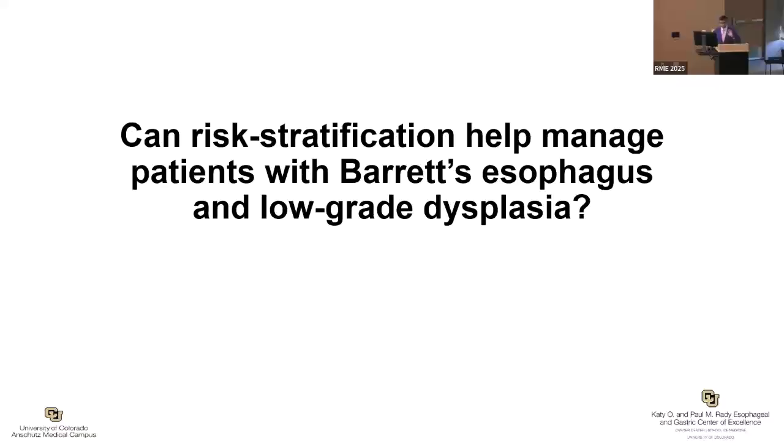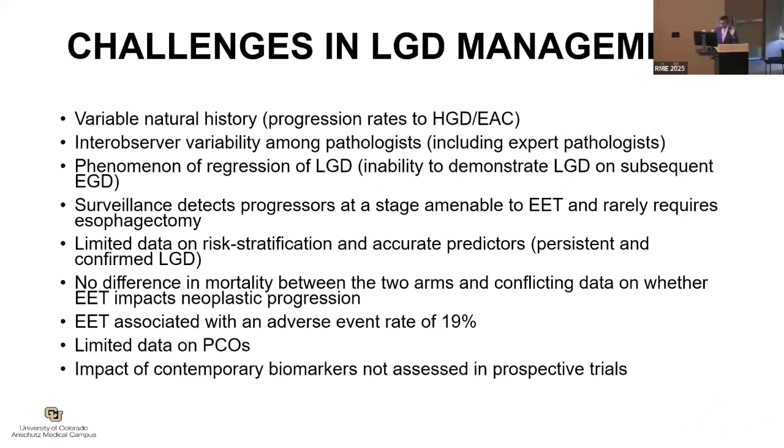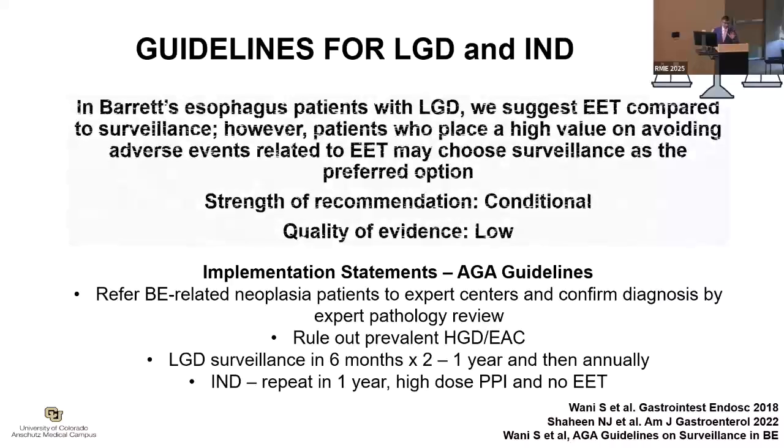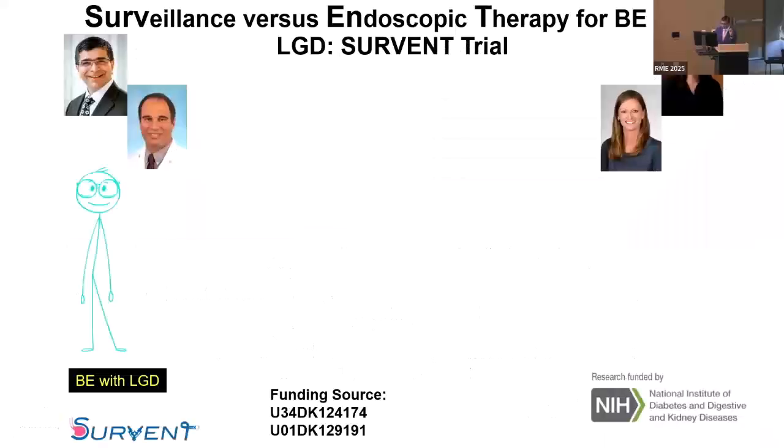I pretty much could talk an entire session on the controversies related to low-grade dysplasia. In the interest of time, I'll just tell you what our guidelines state. Our guidelines state that you should use a patient-centered strategy. Recognize that both endoscopic surveillance and endoscopic eradication therapy are acceptable treatment strategies for patients with confirmed low-grade dysplasia.